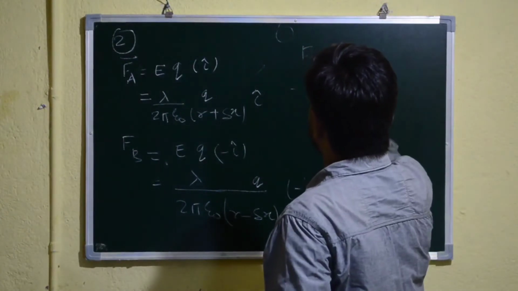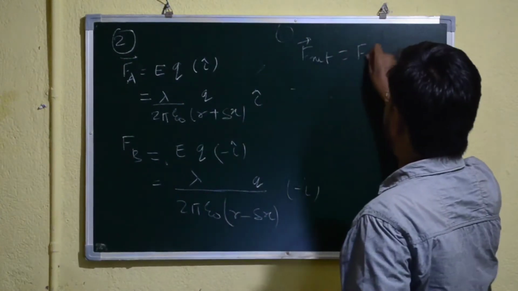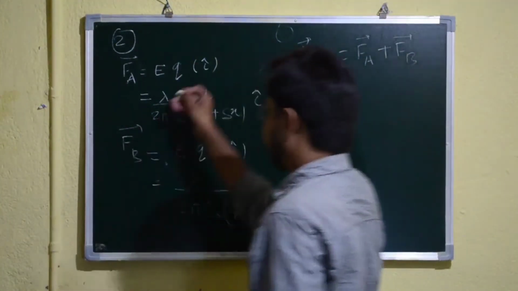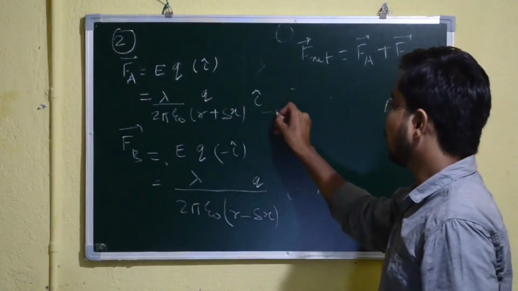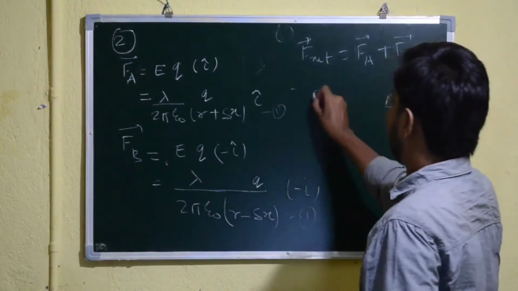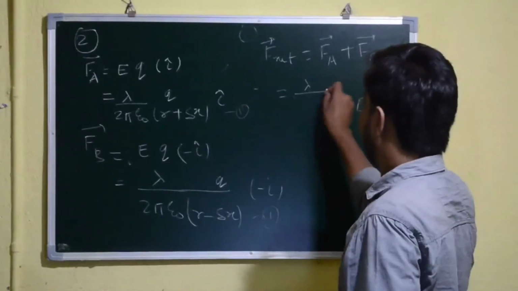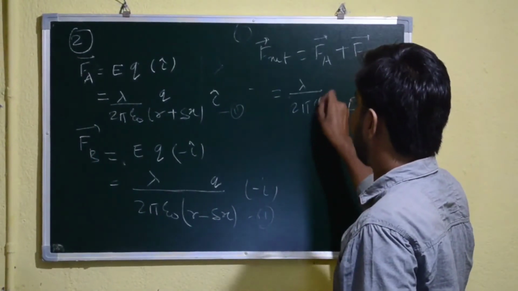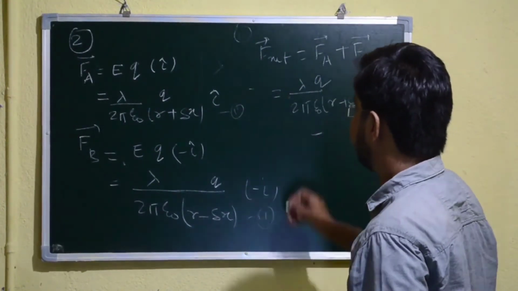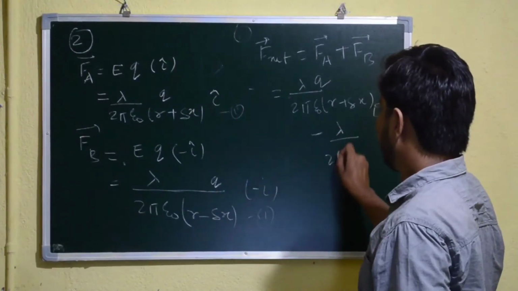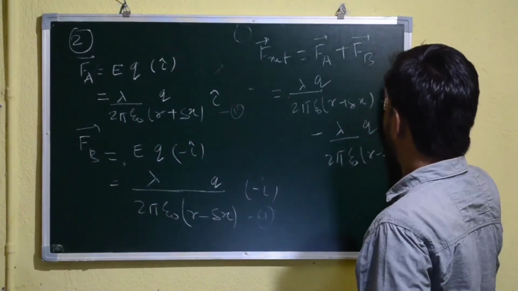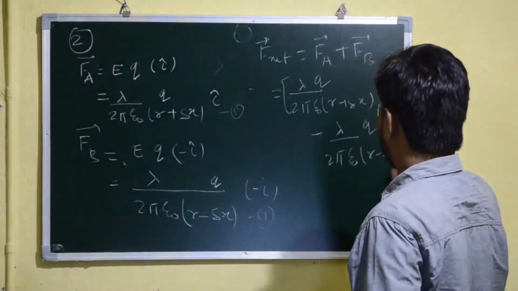F net must be equal to Fa plus Fb, as we can see from equation 1 and equation 2. Just add these terms. What we obtain is lambda q by 2 pi epsilon naught (r plus delta x) minus lambda q by 2 pi epsilon naught (r minus delta x), times i cap.